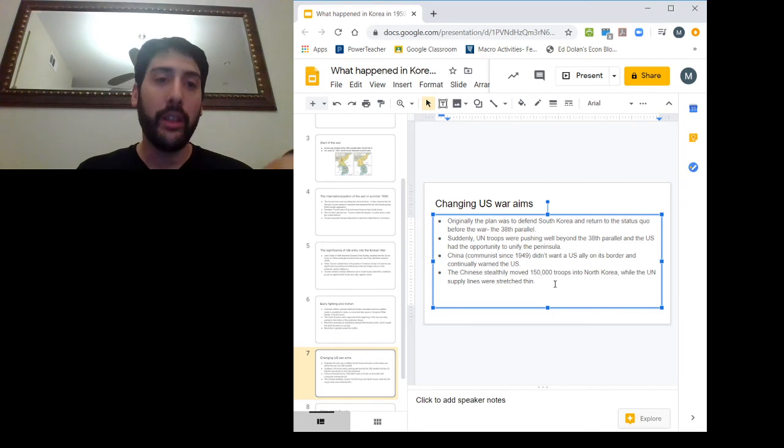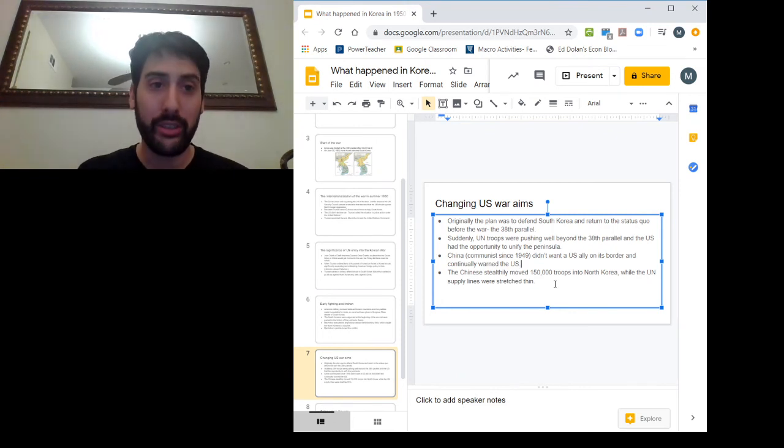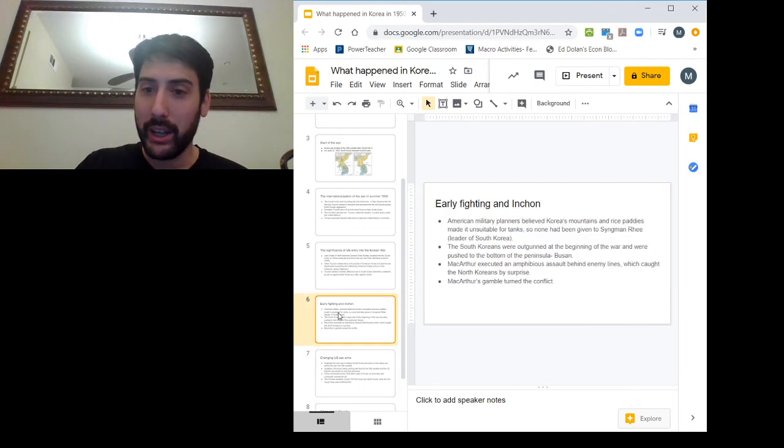And so the UN forces, the American forces, they suffer huge losses and get pushed really far south, right? And the Chinese are taking a tremendous amount of losses as well, right? So lots and lots. It becomes a much bloodier war after the Chinese get involved. All right. So just keep that in mind. Keep all of this in mind.